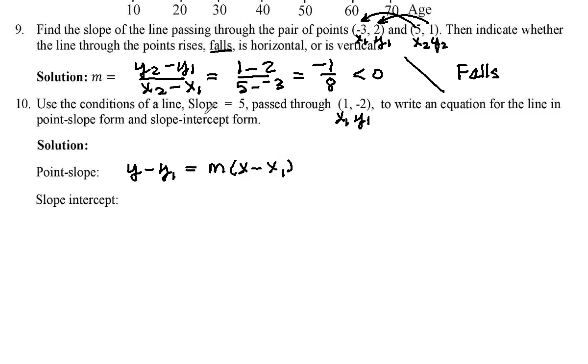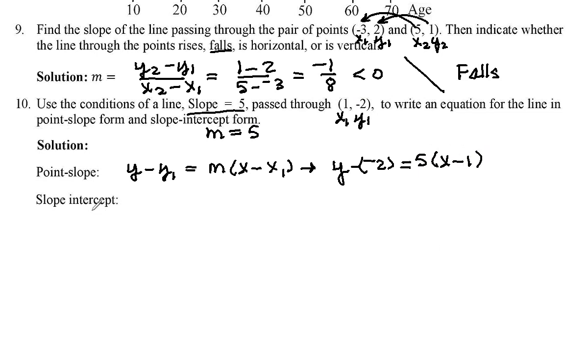Our slope is 5, so m equals 5. Here's our x1 and y1, so we can just plug those in. y minus -2 equals 5 times x minus 1. So there's our equation in point slope form.